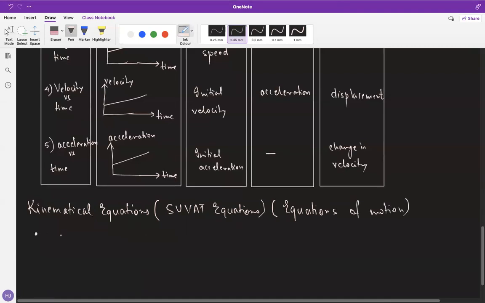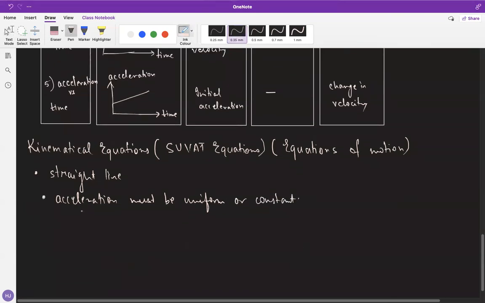So there are some conditions here that the motion has to be straight line, acceleration must be uniform or constant, and we're assuming that air resistance is negligible.